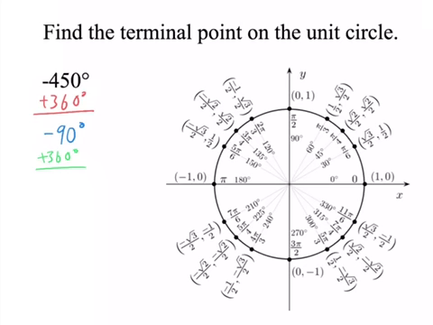And when I add 360 again, I get 270. So could I use this, this, or this? Do all three end at the same spot? Yes, they all three do. So let's just use this one. Boom, there it is. So that's my coordinate right there. Here it is. Answer. So my answer is 0, -1.